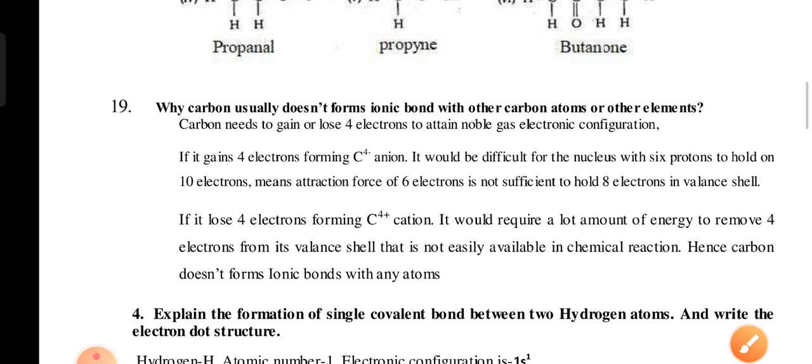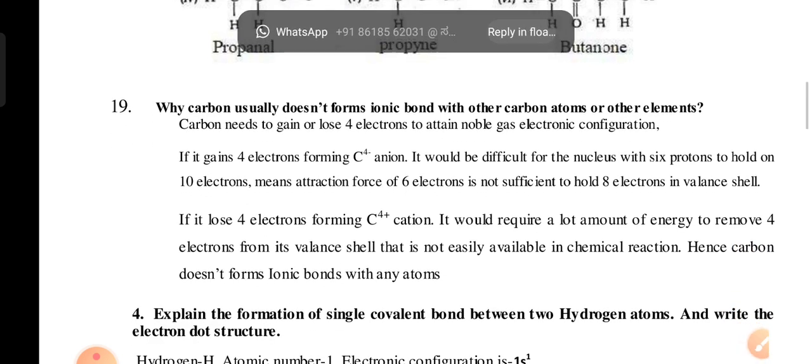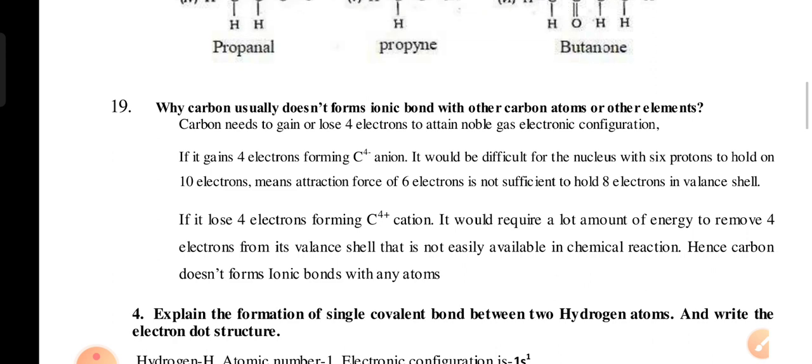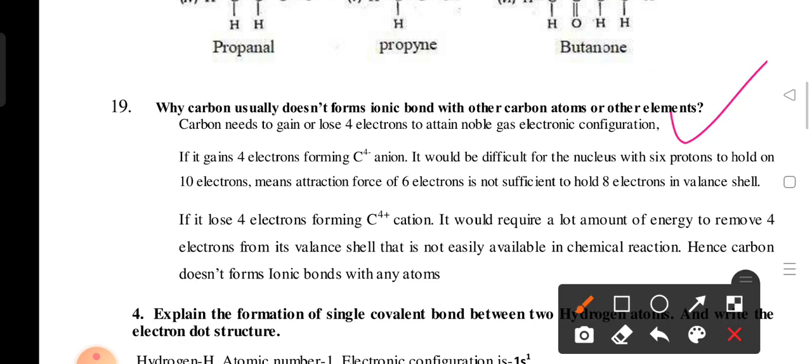Why doesn't carbon usually form an ionic bond with other carbon atoms or other elements? Carbon needs to gain or lose 4 electrons to attain a noble gas electronic configuration. If it gains 4 electrons, forming C4-anions, it would be difficult for a nucleus with 6 protons to hold 10 electrons; the attraction is not sufficient.